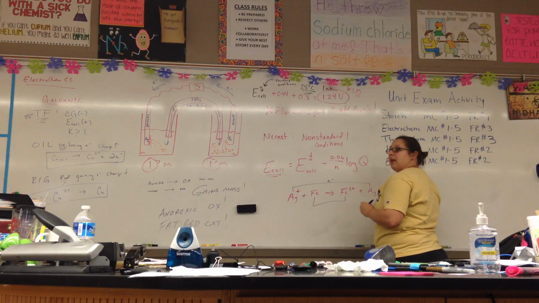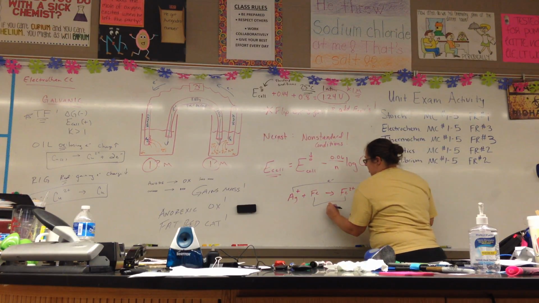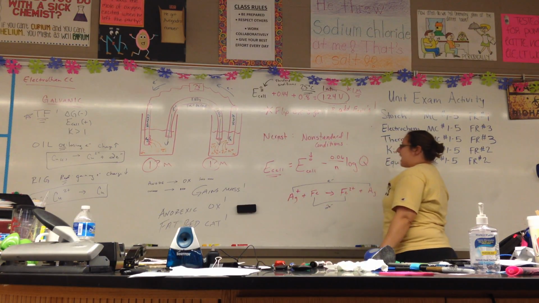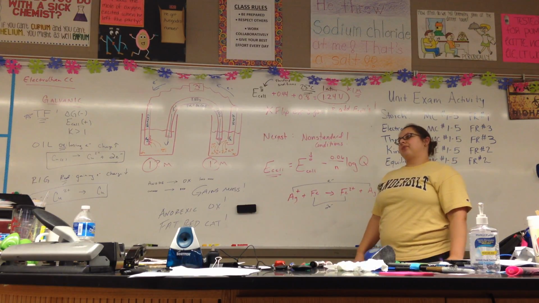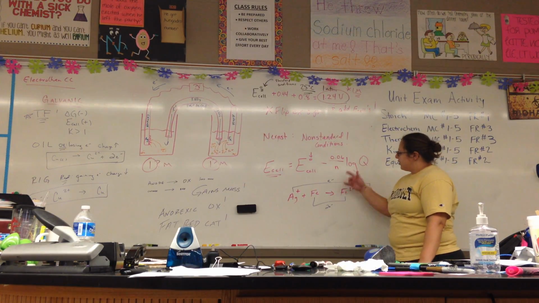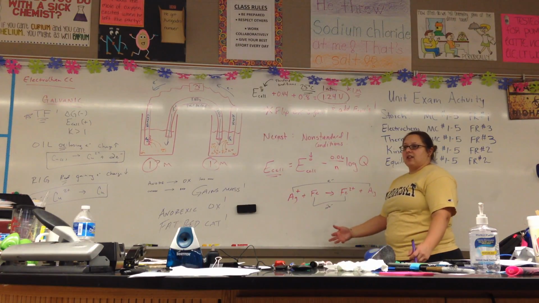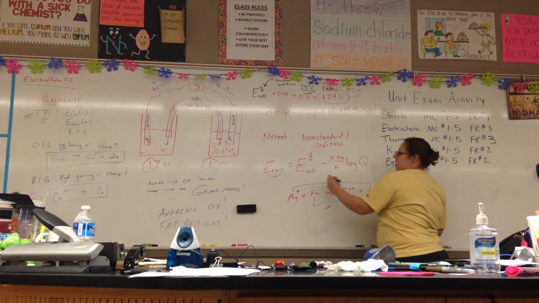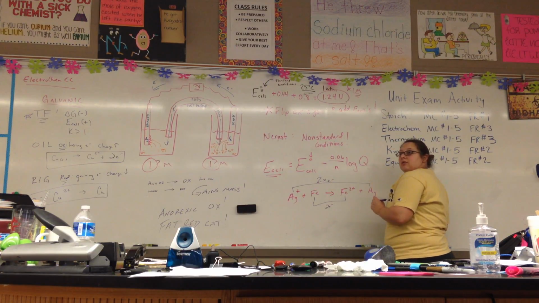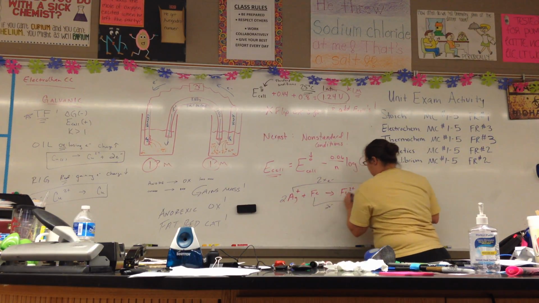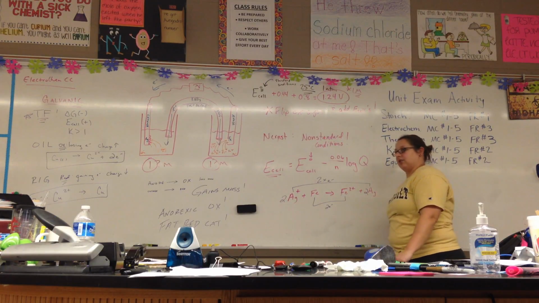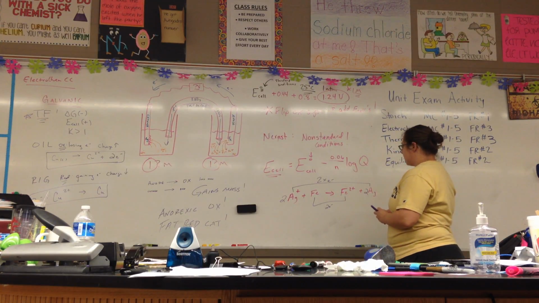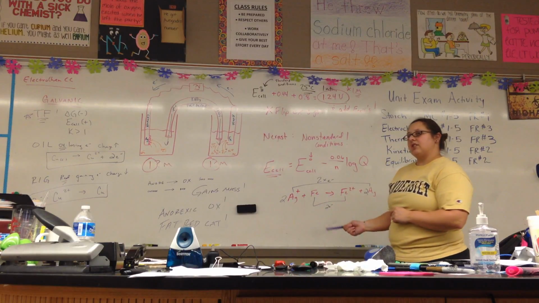Fe going to Fe2 plus, how many electrons? 2. So I have to balance these electrons. How many electrons should I have on both sides to make them even? 2. So to make 2 on both sides, I multiply this one by 2, and I multiply everything that's attached to that by 2. So now that's my balanced equation.